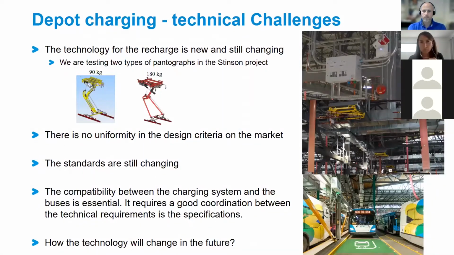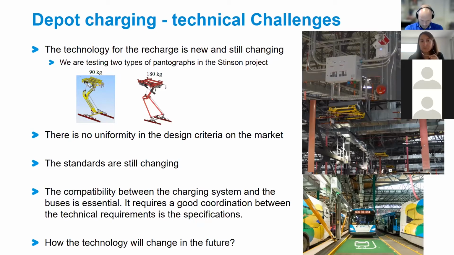With this project, what we see is that we're facing some technical challenges. The technology for the charging system is still new, and it is still changing. So in Stinson, we are testing 2 types of pantographs, one heavier than the other, so we can see which one is better for future projects.